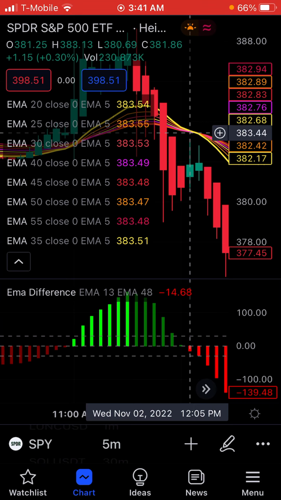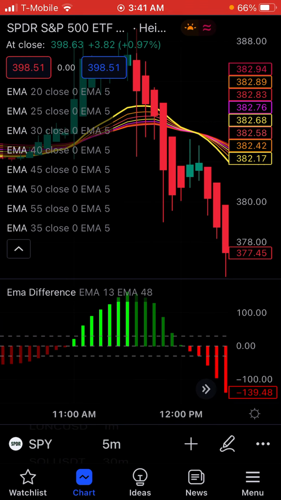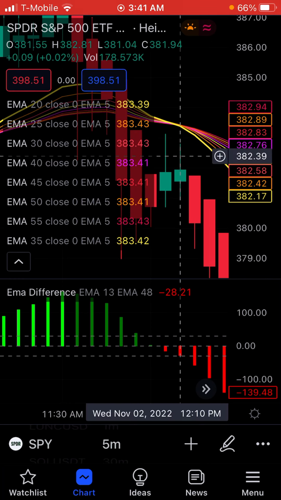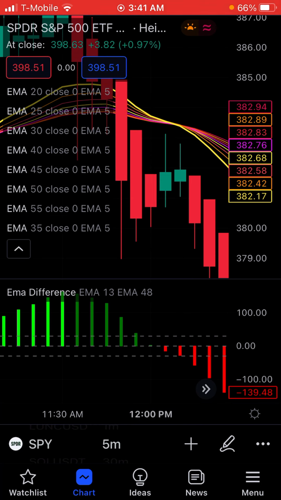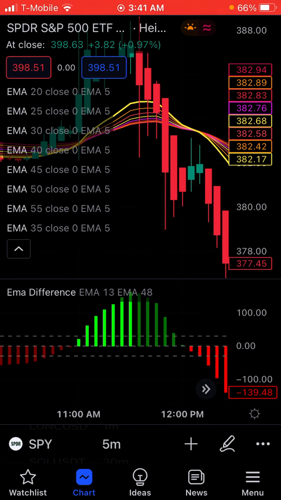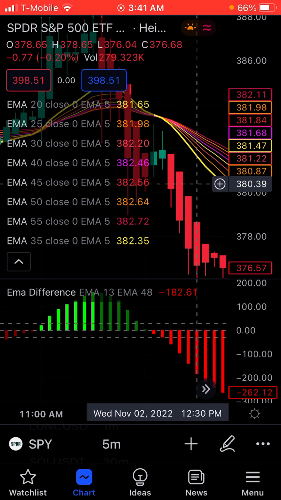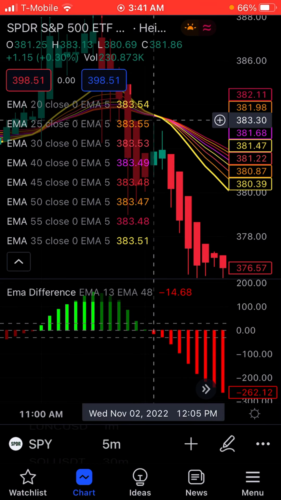If you're not sure, just zoom in on it and double confirm it. You can see it right here. 20 has crossed through the 55. Sometimes you may have to zoom in to confirm it more. But we also see the EMA difference right here. This is the 1348, and that also signals a downtrend.